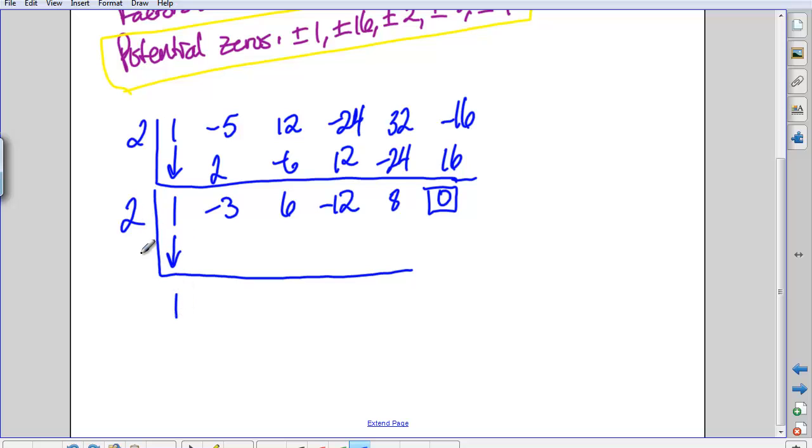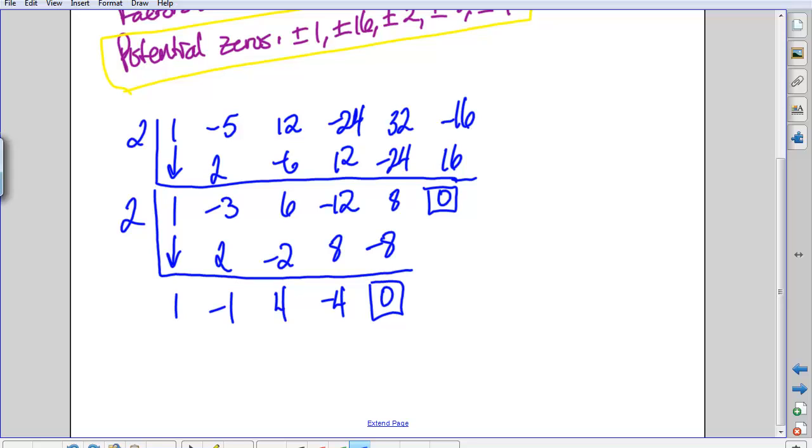So bring down the 1, multiply and get 2, plus negative 3 is negative 1, multiply is negative 2, add and we get 4, 2 times 4 is 8, we add that, we get negative 4, 2 and negative 4 is negative 8, lo and behold, another remainder of 0.